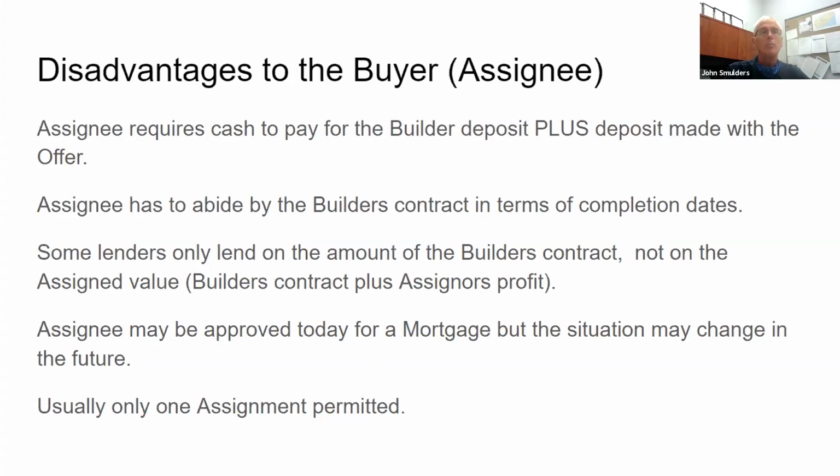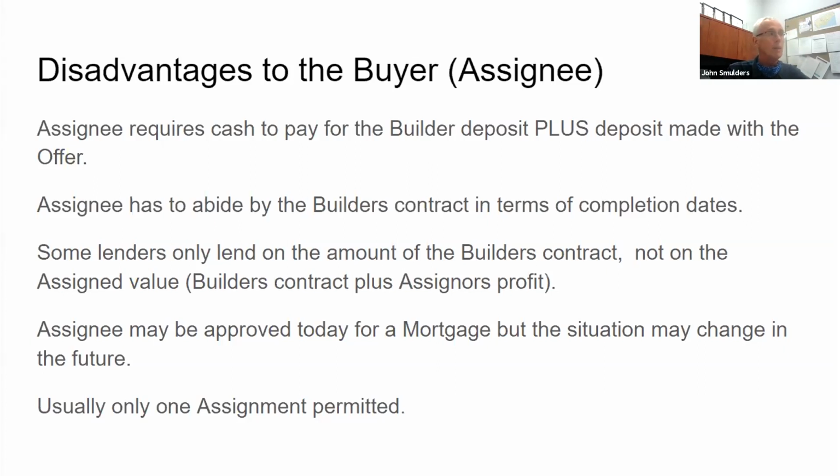But when consent has been given by the builder that the assignment can take place, in general, in normal assignments, the assignee has to pay the assignor that amount of deposit that the assignor has given to the builder, okay? The assignor is actually not out that money because the builder is holding on to the deposit. The builder's never going to give out that deposit back to anybody. But the assignor gets his money back.